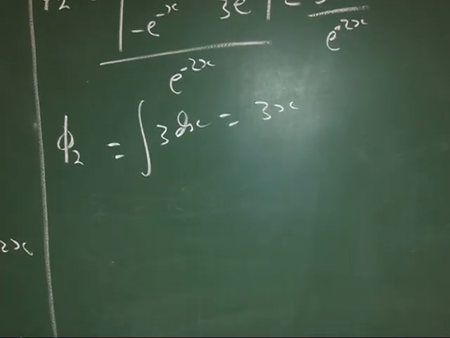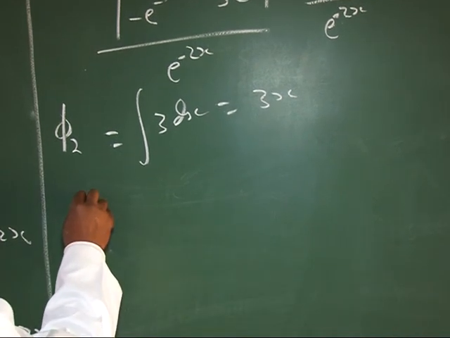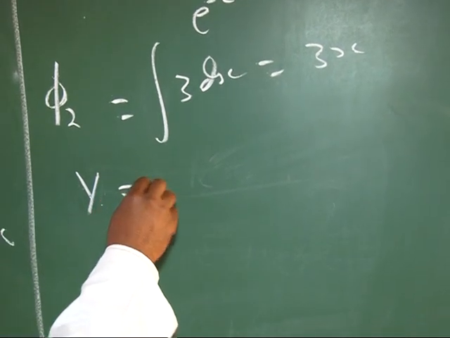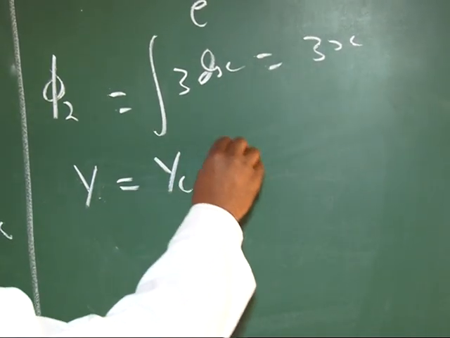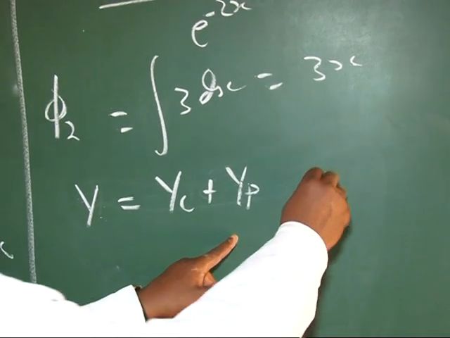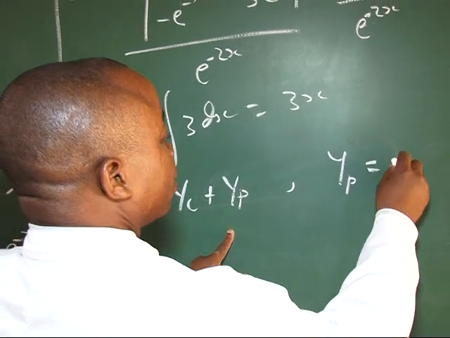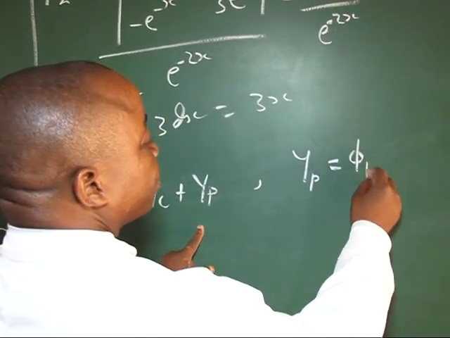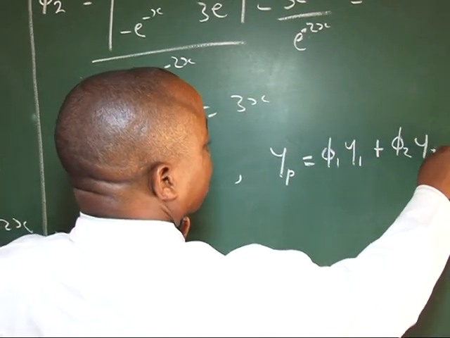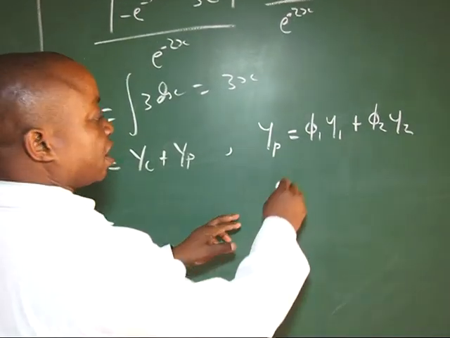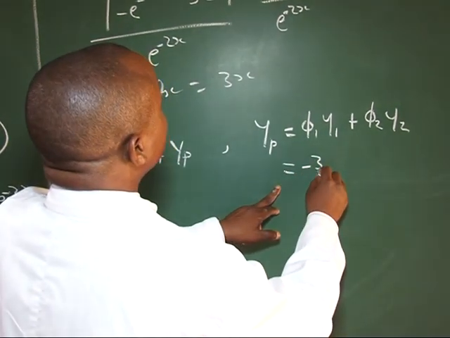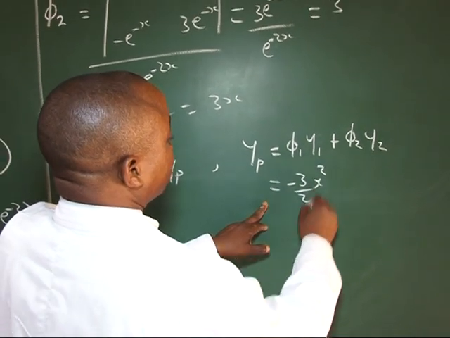Okay, so now we see that y will be yc plus yp, but only yp will be equal to phi 1 y1 plus phi 2 y2, which means that phi 1 is minus 3 all over 2x squared.